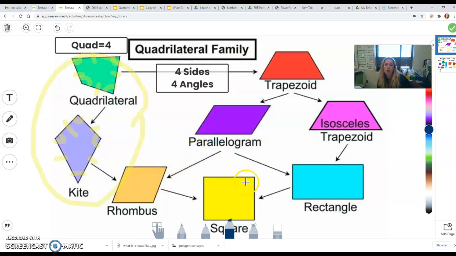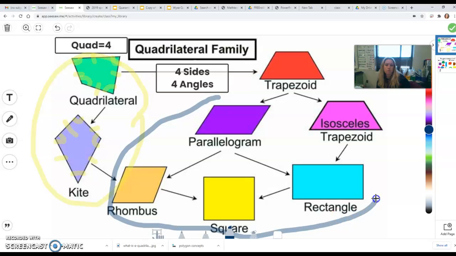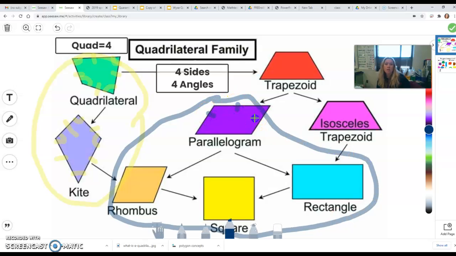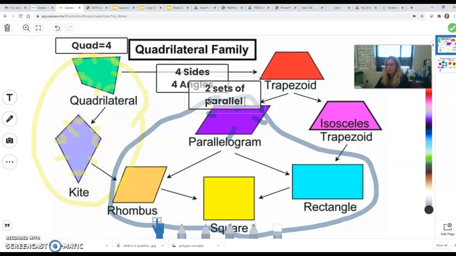Then when we get into our rhombuses, squares, and rectangles, these shapes are all quadrilaterals because they have four sides, but these shapes also have two sets of parallel sides.